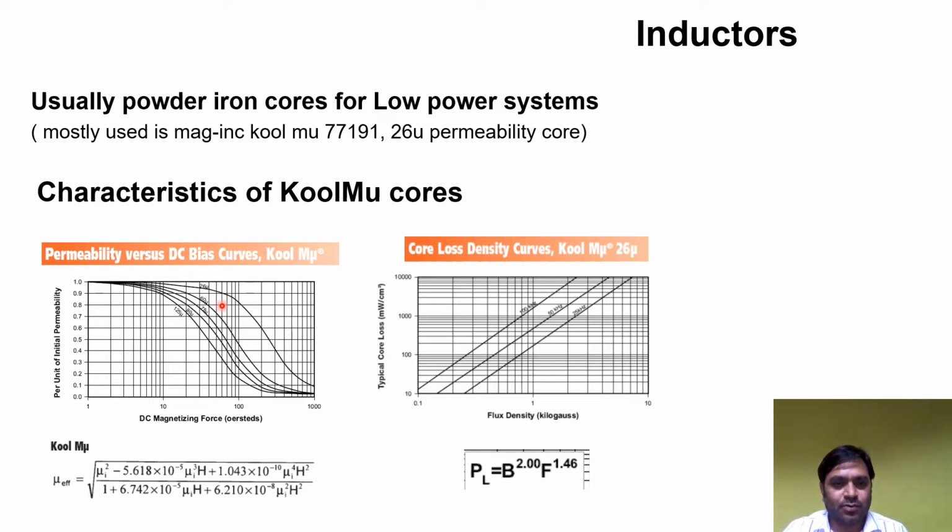This is going to give us the information up to what current our inductors will not saturate and what the saturation pattern will be. And this is the core loss density for this particular permeability core. So under different flux densities which we have chosen for the inductor design, how will the core losses be, and to plot this graph, these are the formulas which are being used.